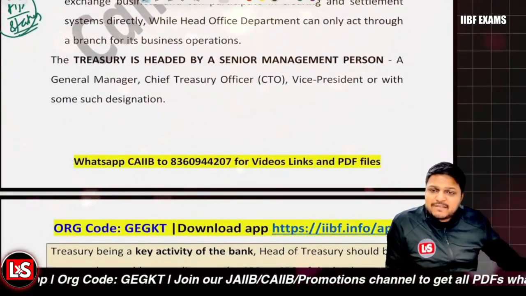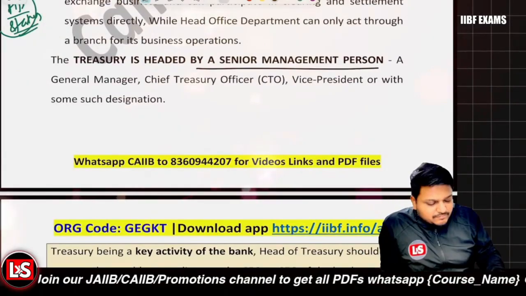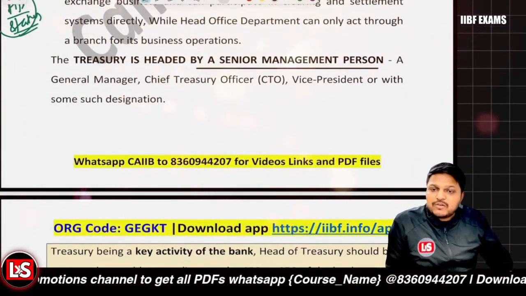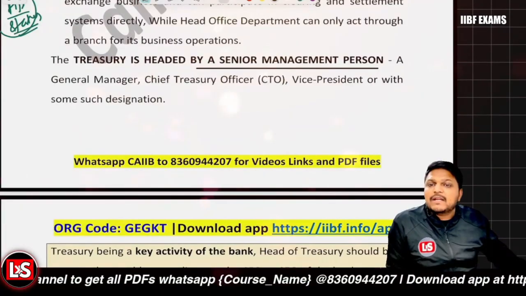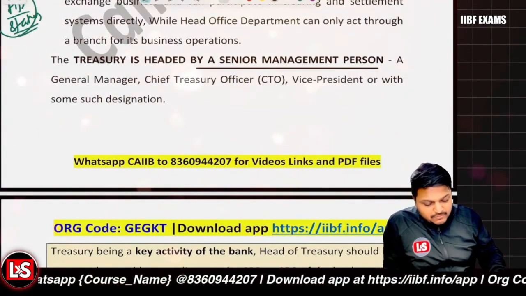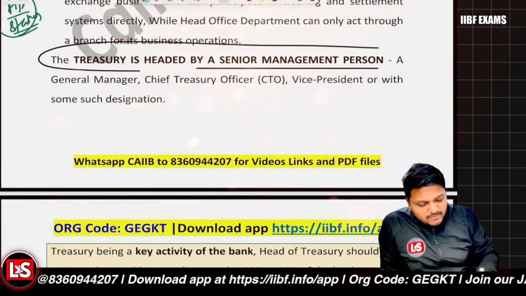And the treasury is basically headed by a senior management person, which will be a general manager, or let's say a CTO, that is chief treasury officer, or vice president treasury, right?